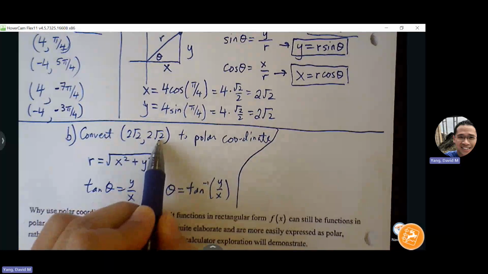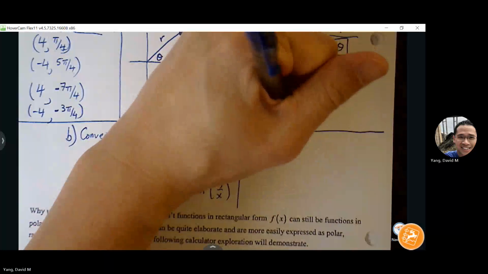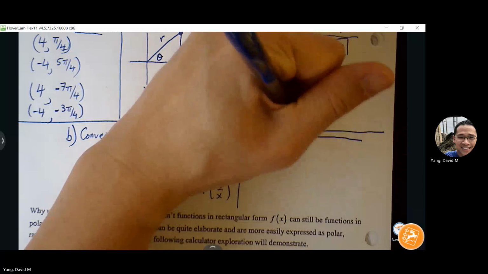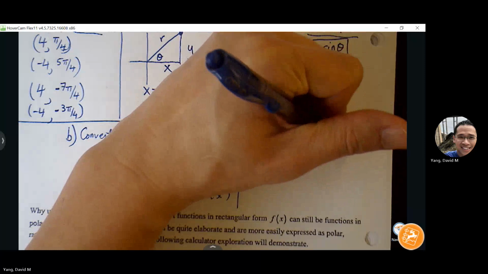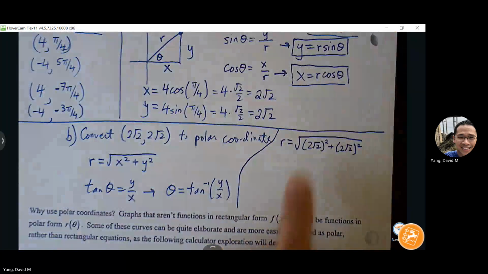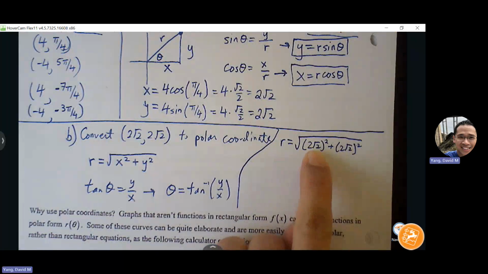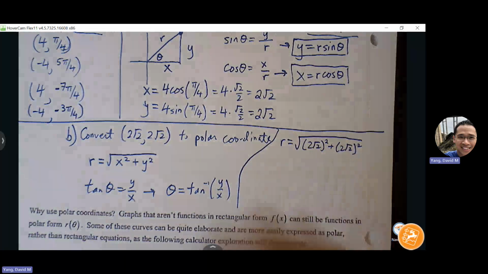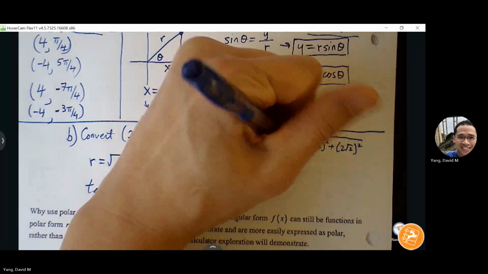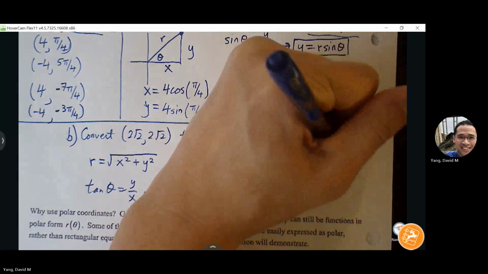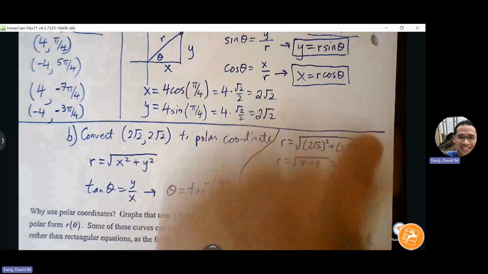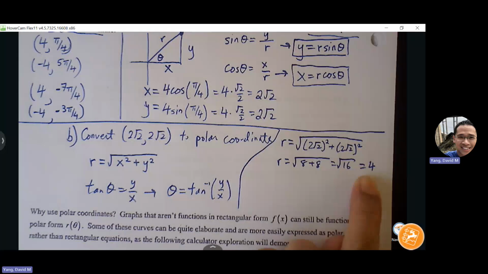So here's my x and there's my y. So this is 4 times, 2 root 2 squared, which is 8. 8 plus 8 is 16, which is 4. That's back to where we started.